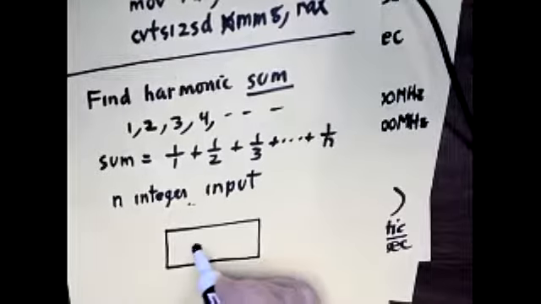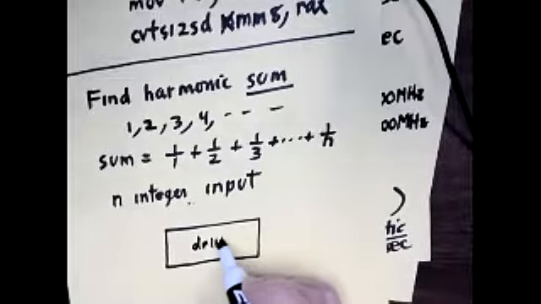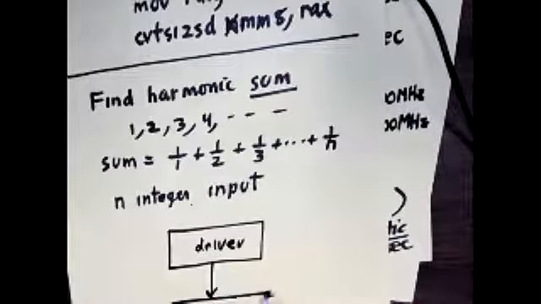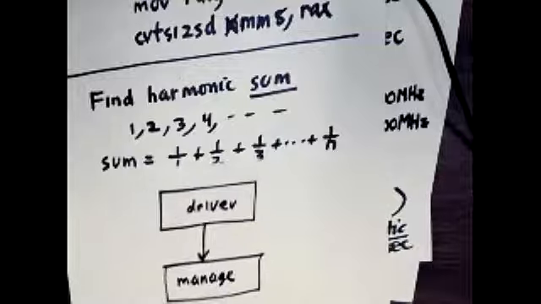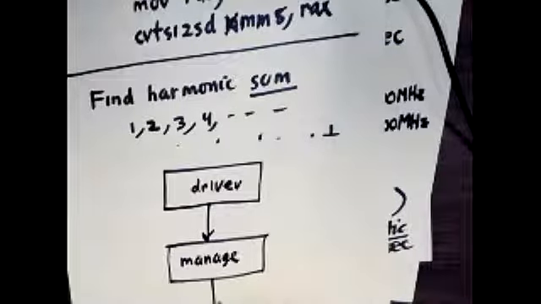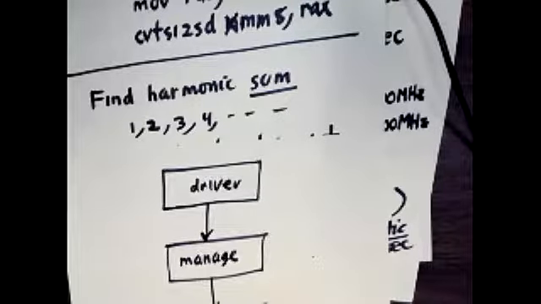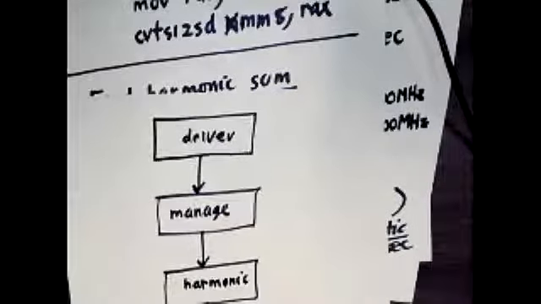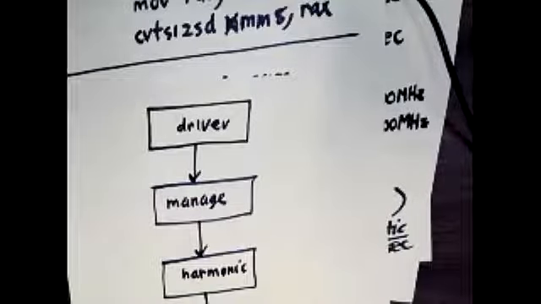So a driver calls a manager function, which calls harmonic. I think it's coming back. And then that one calls output one line.